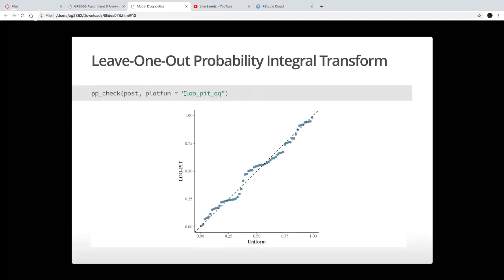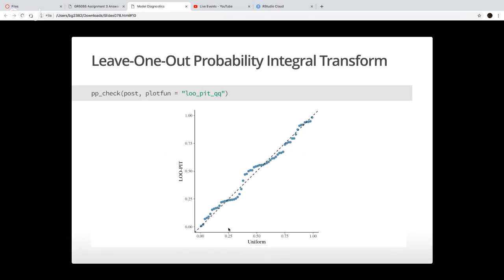Another leave-one-out based method is loo_pit_qq. PIT stands for probability integral transform, and QQ stands for quantile plot. So this is basically looking at the inverse CDF of the data and comparing it to the inverse CDF transformation from the leave-one-out predictions.